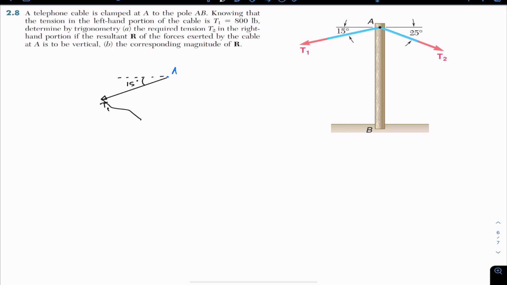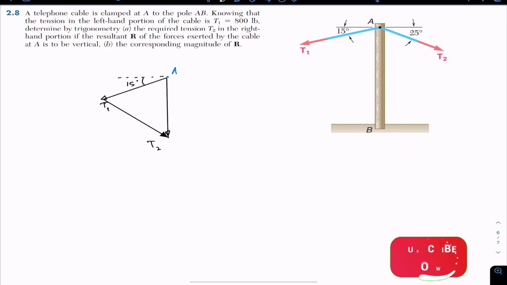So this is my T2, and the resultant of both of these will be from the tail of T1 to the head of T2. So this is my resultant, which is vertical, in the downward direction.